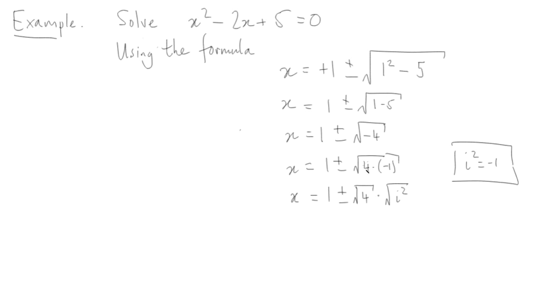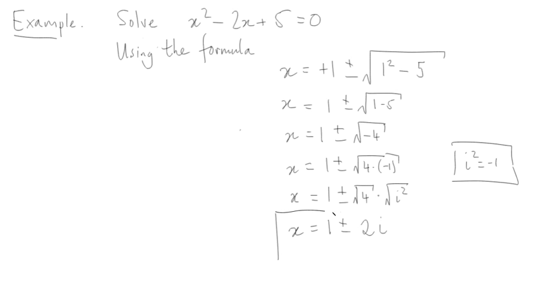Remember, if you have a product under a square root sign, you can write it as the square root of the one thing multiplied by the square root of the other thing. So here I have x equals 1 plus or minus the square root of 4, which is 2, and the square root of i squared is just i.